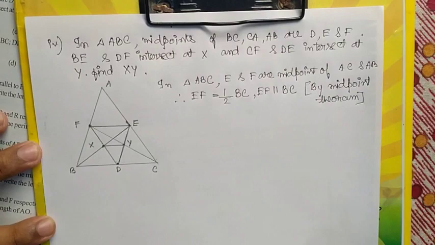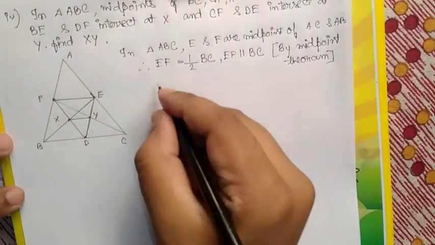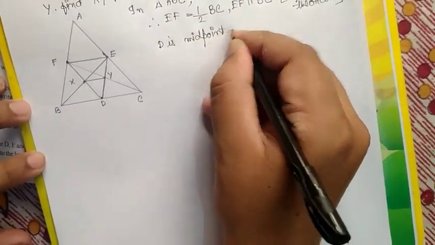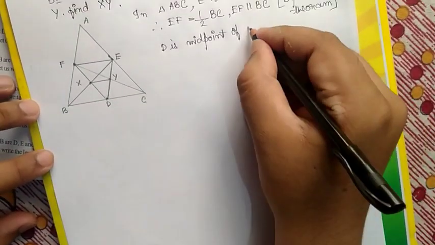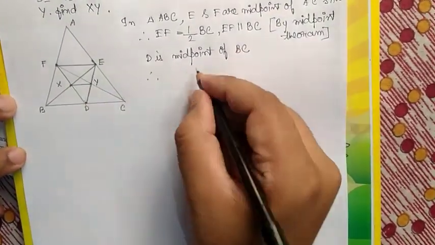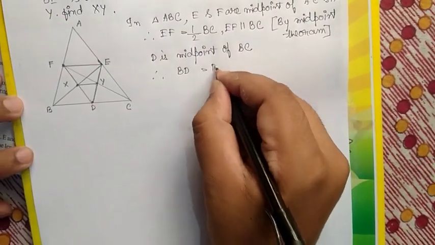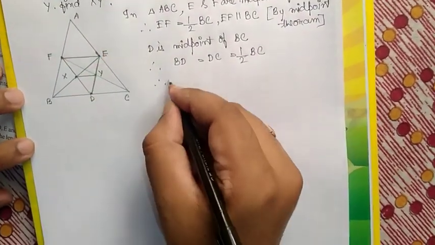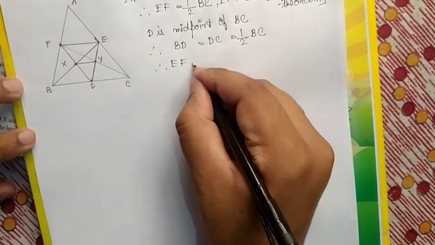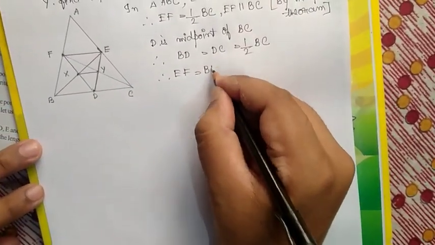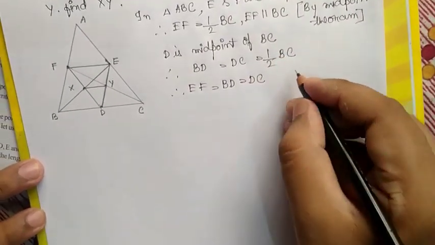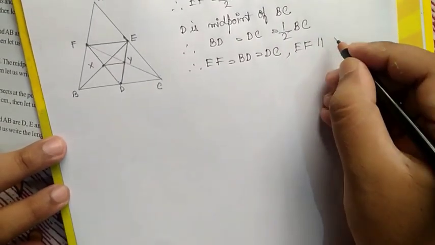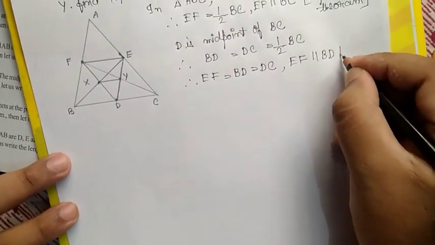Now D is the midpoint of BC, so BD equals DC equals half BC, which means EF equals BD equals DC, and EF is parallel to BD and parallel to BC.